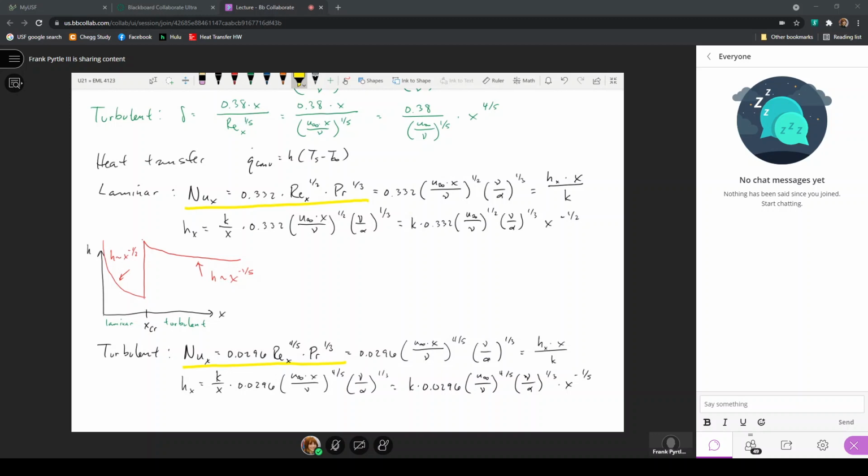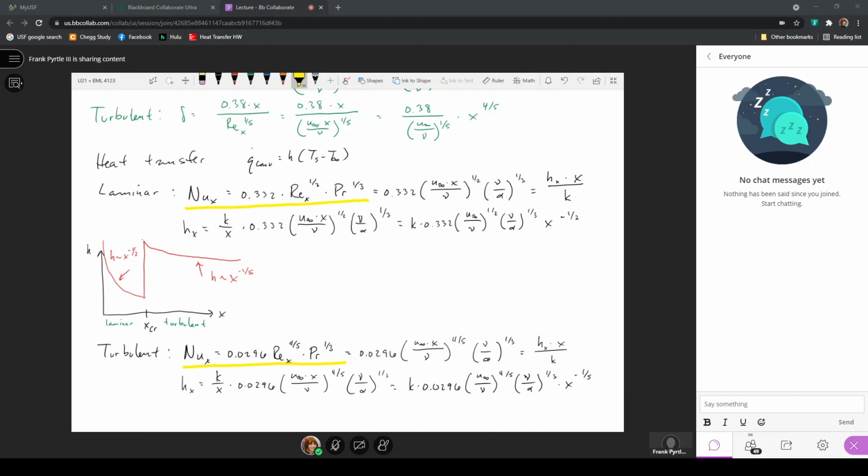So if I need to find the local heat flux, the heat flux by convection at any point along the length of my plate, that means I need to know, well, what is the temperature difference, such that for an isothermal surface everywhere along the entire length of the plate, the surface temperature will be known. The free stream temperature is a constant also. So I just need to find the heat transfer coefficient at a particular point.